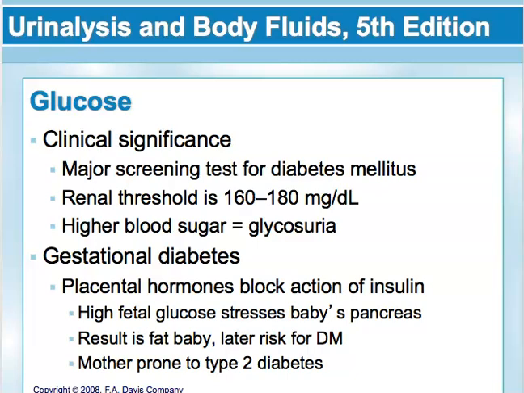So the baby can develop high glucose levels, and its pancreas produces more insulin, and this excess glucose that is presented to the baby is stored as fat, so it can result in a very large baby, which puts the baby at risk for obesity and later type 2 diabetes. Women who have gestational diabetes are also at greater risk for developing type 2 diabetes later in life.